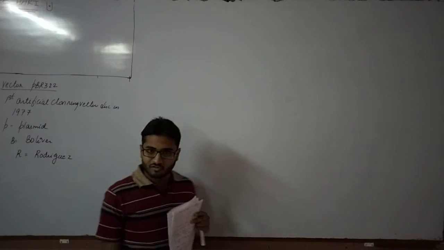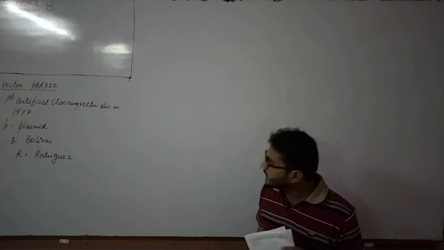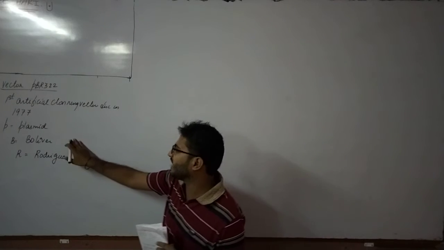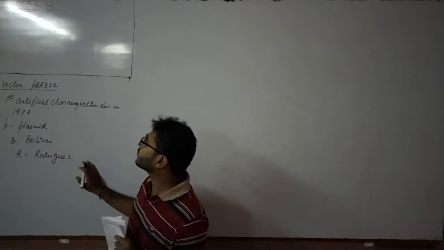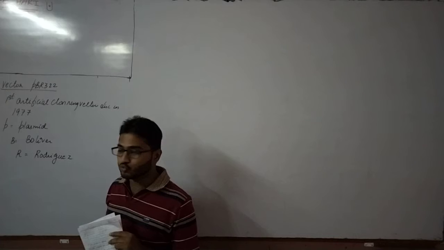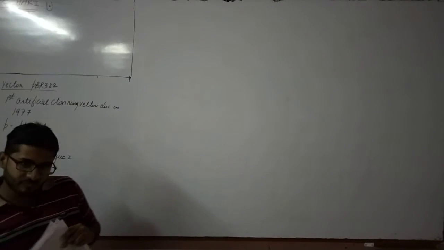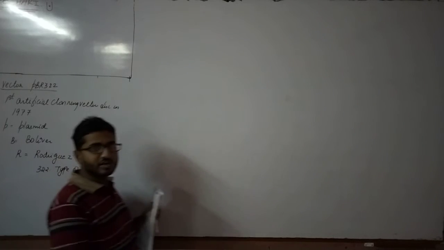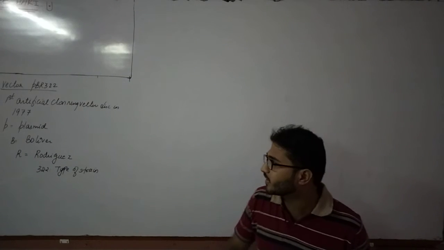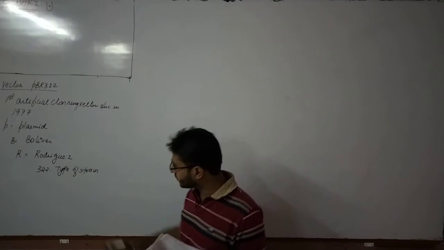P stands for plasmid. B stands for Bolivar. R stands for Rodriguez. These are the names of the scientists who discovered pBR322. So BR is the name of the scientists, P stands for plasmid, and 322 indicates the type of strain. 322 is the code or strain number that was first discovered.